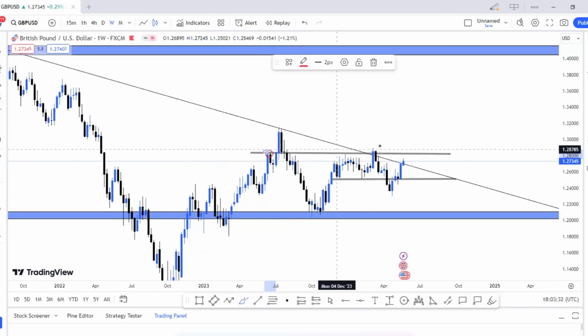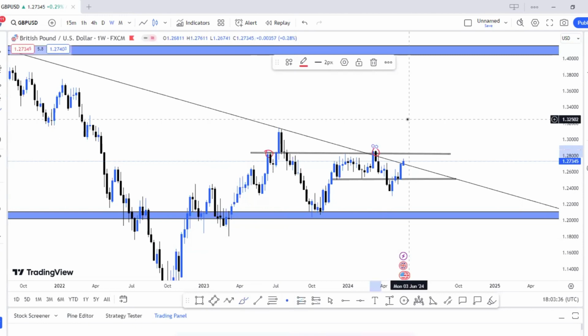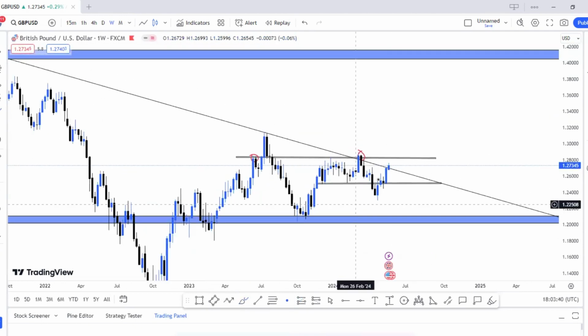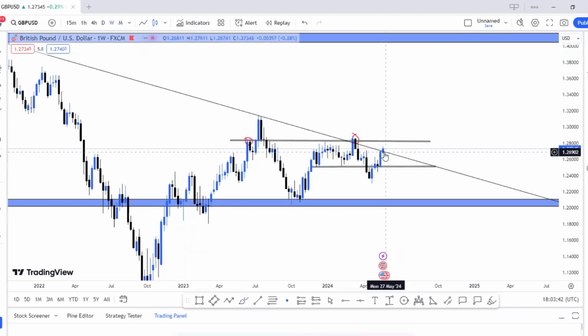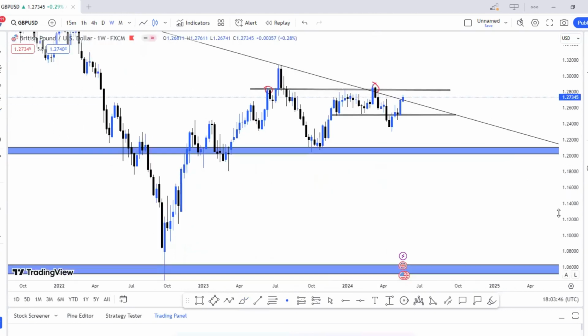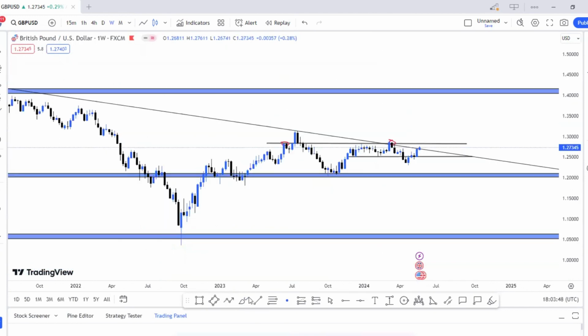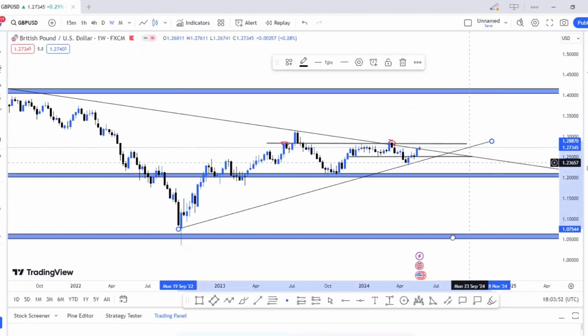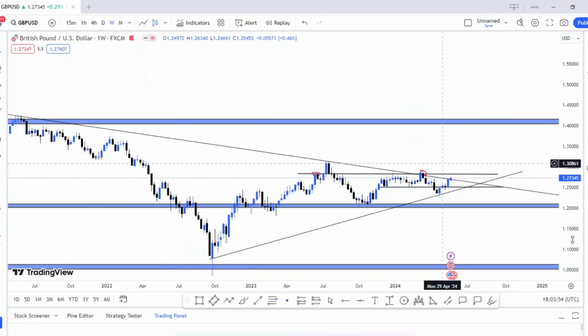So now what we need to see, as price is testing this for the 5th time, is if we can still plot a trend line like this, showing that it looks like we are pushing higher.